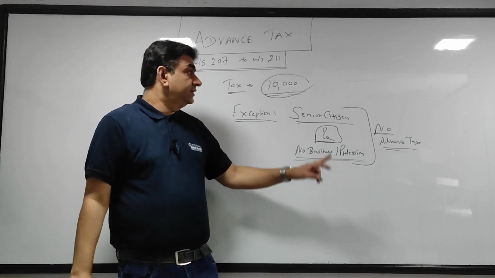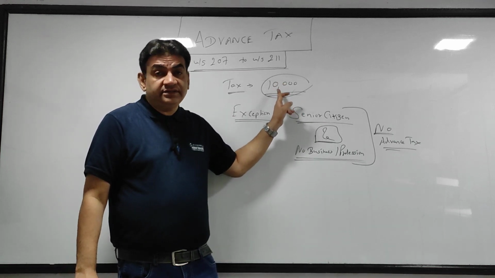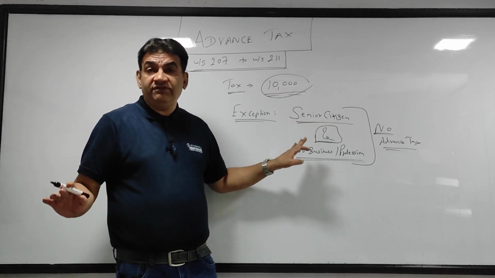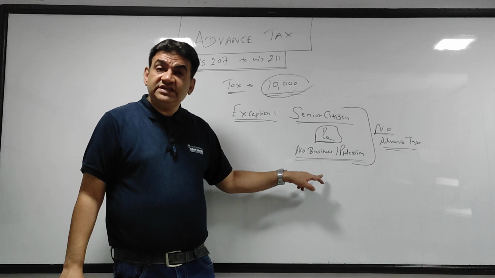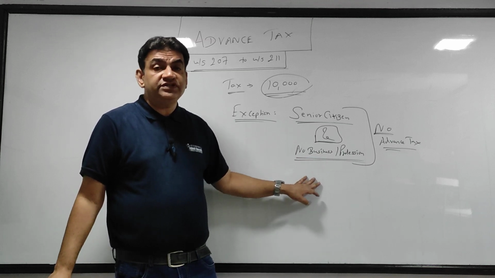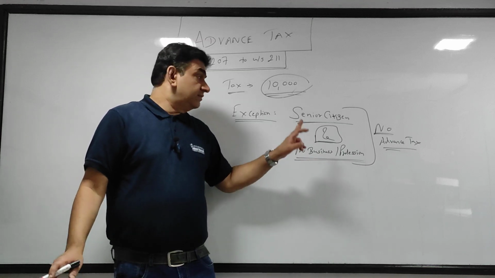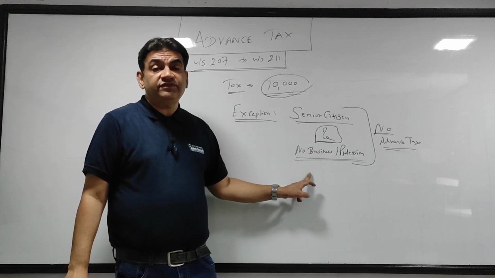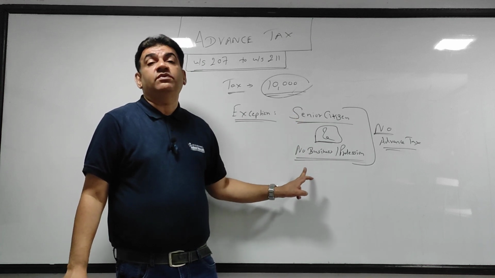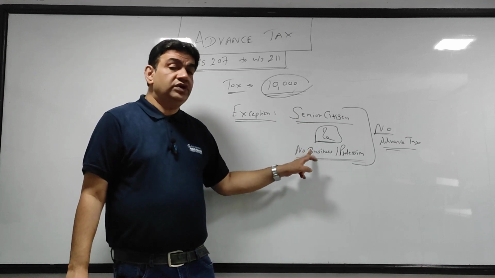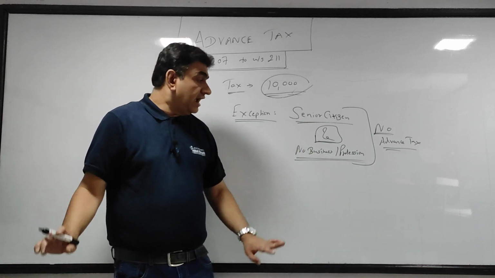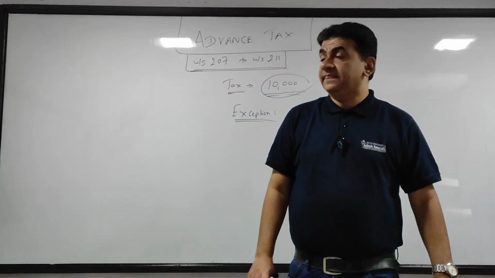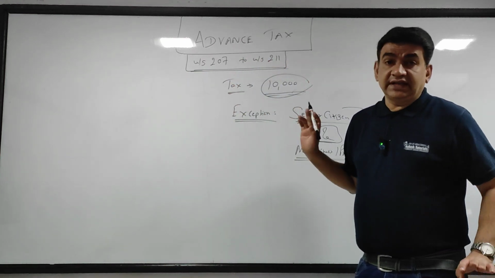So keep this limit in mind: 10,000 or more, advance tax; below 10,000, no advance tax. If you are a senior citizen having no business profession income, no advance tax. But if you are a senior citizen and have business profession income, then pay advance tax. Excluding this, all other assessees have to pay the advance tax. Got it? So these are the important things.